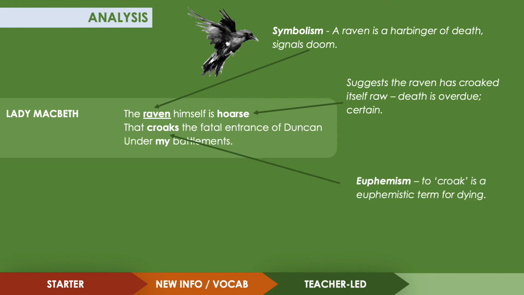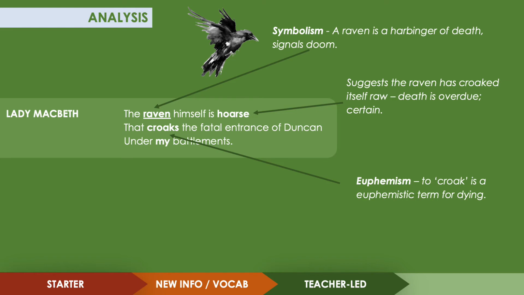Now we have "croaks the fatal entrance of Duncan". Her intentions of killing Duncan are clear here, using the king's visit as an opportunity to enact her plan. Croaks is also a euphemism, and a euphemism is an indirect expression of something harsh or unpleasant, essentially softening the reference but retaining its meaning.